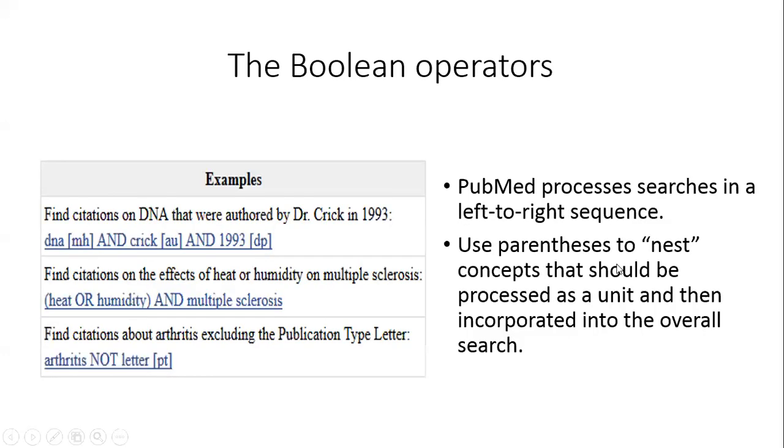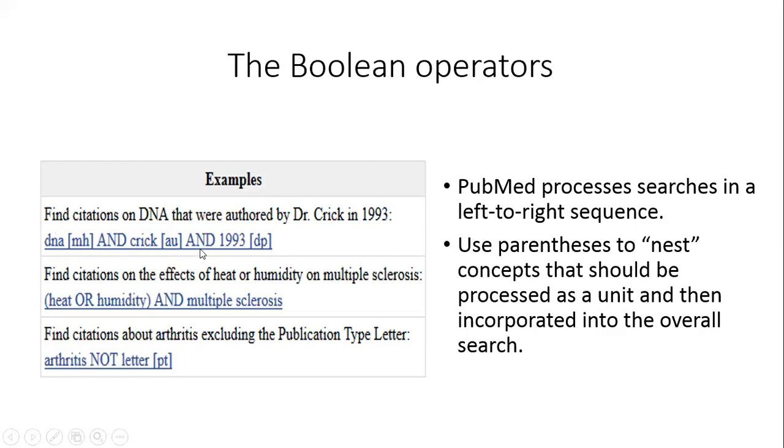Next, this is how you can use the Boolean operators. If you want to find citations on DNA that were authored by Dr. Crick in 1993, this is how the search term would be. You would search for DNA in MeSH terms, end it with Crick, and specify by giving a tag that this Crick term is to be searched in author.